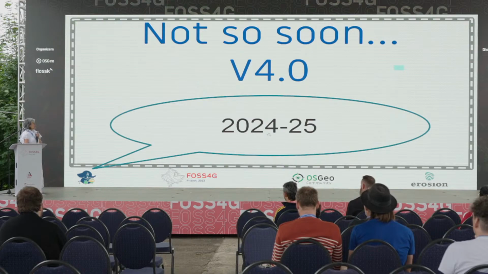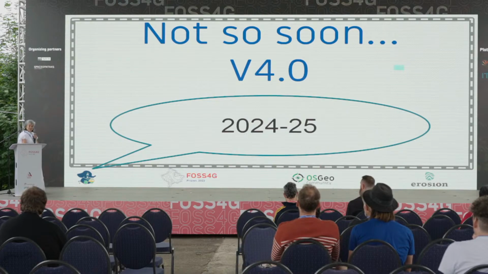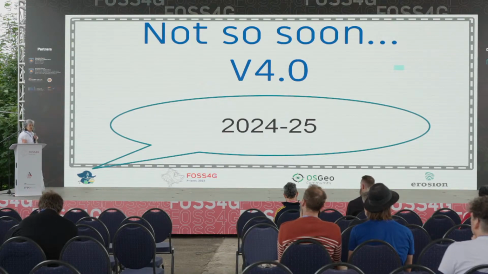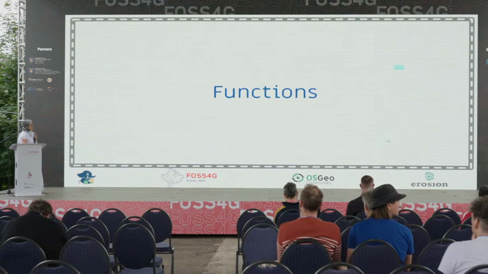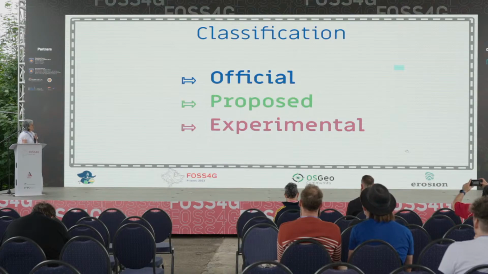It might happen in 24, might happen in 25. Originally, I was planning to do it for 23, but it's getting too big, and we are doing some improvements and standardization. Let's talk about our functions and what we want to achieve.